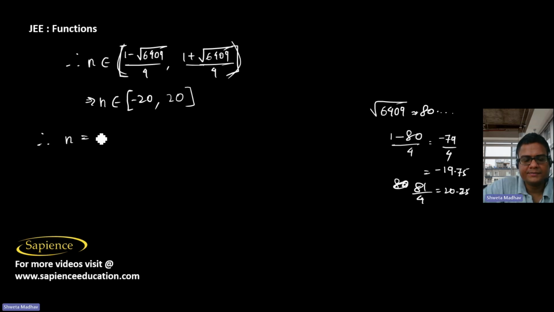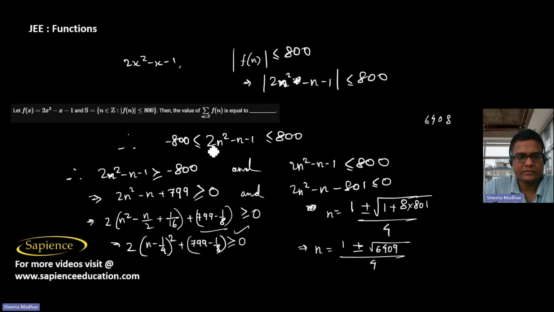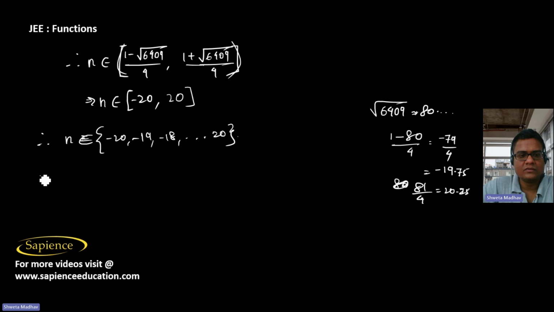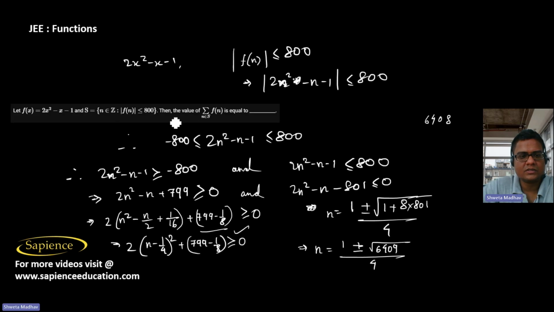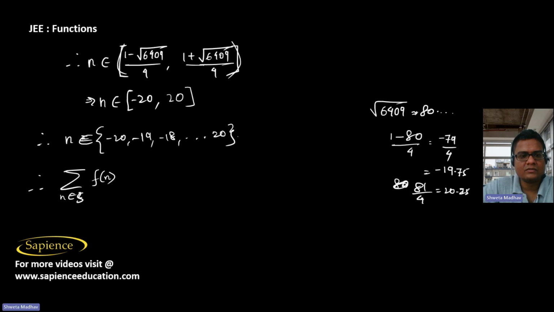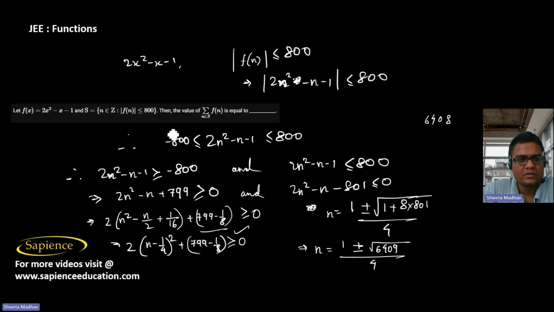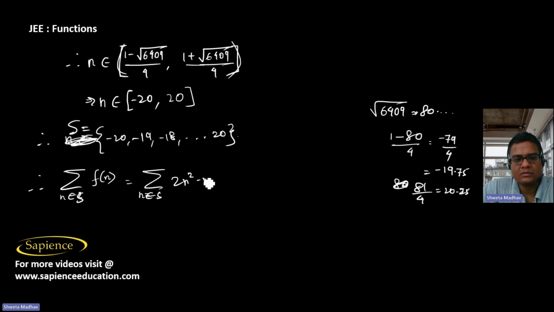So therefore n will belong to minus 20, minus 19, minus 18 till 20. So only the integers we have to take. Now we need to find the value of summation f of n, n belongs to S, where S is the solution set. So we have to do summation n belongs to S, f of n, that will be 2n square minus n minus 1.